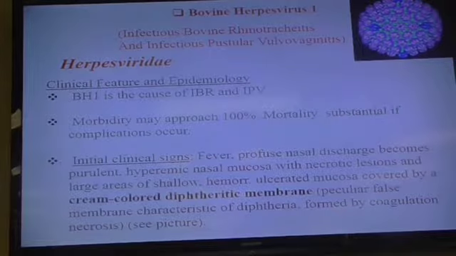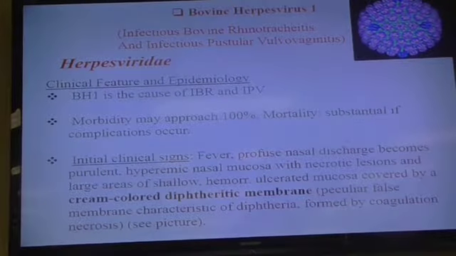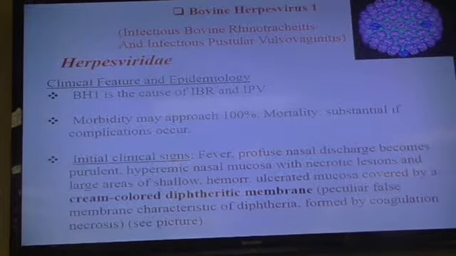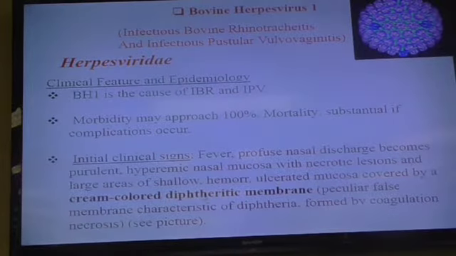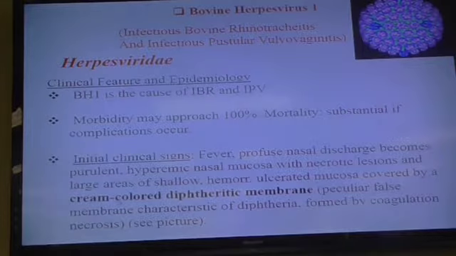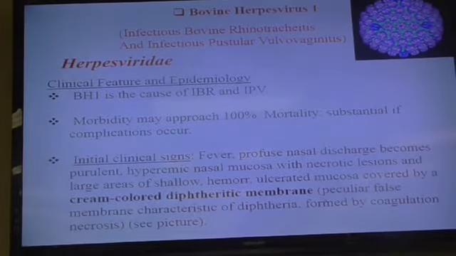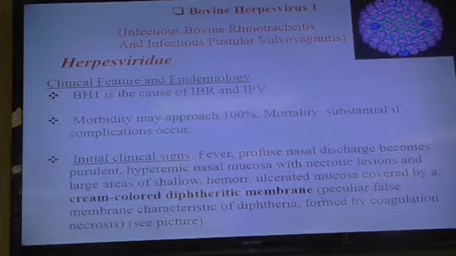So this is what herpes, like the bacteria diphtheria, causes usually in humans. A diphtheritic membrane. So this is why it's called the cream-colored diphtheritic membrane. So this is what the actual virus causes.